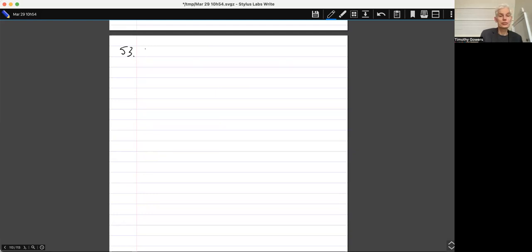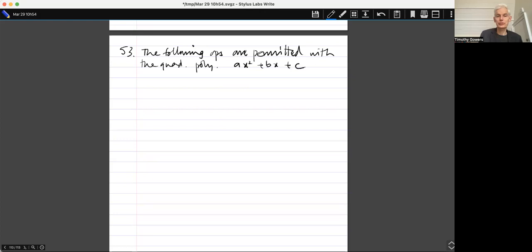But the following operations are permitted with the quadratic polynomial ax squared plus bx plus c.